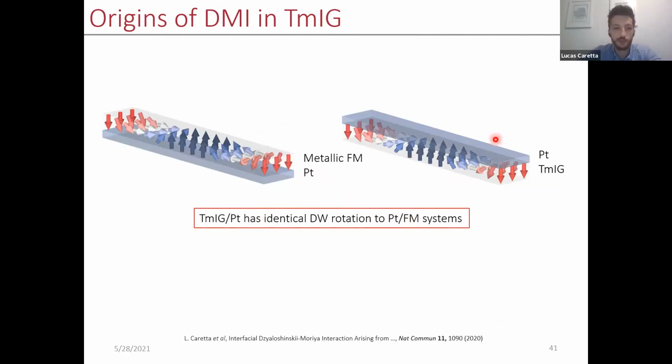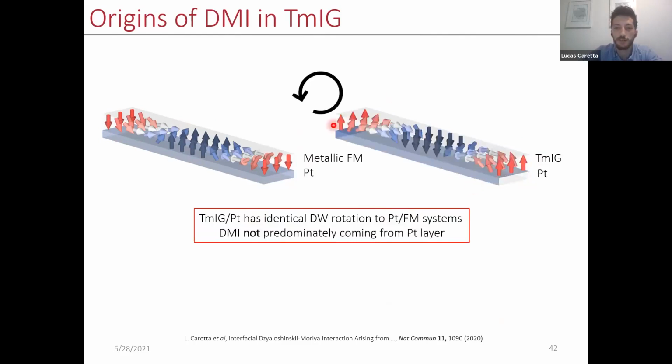And so this is very peculiar. You wouldn't expect to see this if the DMI was indeed coming from this platinum garnet interface. In fact, this is probably a bit easier to see if I flip the garnet system over. You can see that it has identical domain wall rotation, but the platinum is actually on the opposite side. So what this tells us is the DMI is likely predominantly not coming from the platinum layer. And I'll prove this to you further in the next couple of slides.